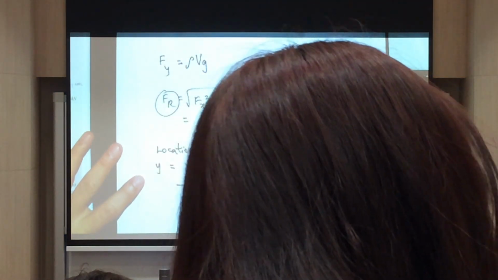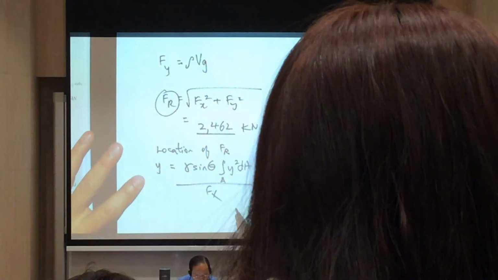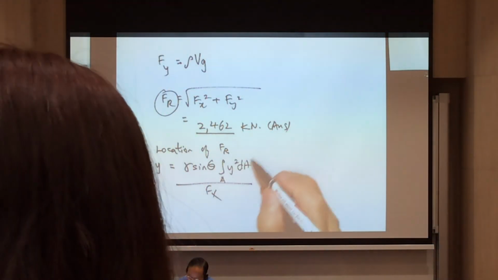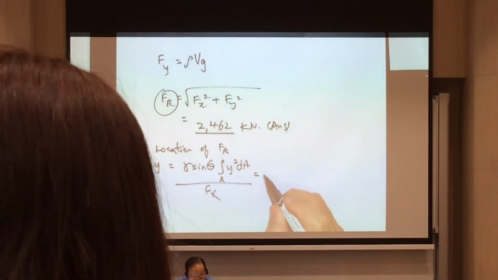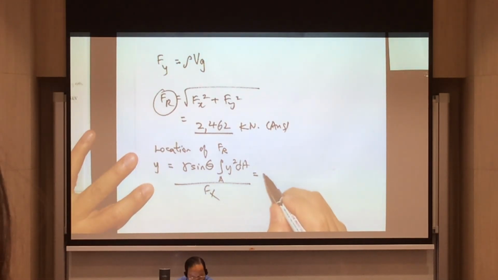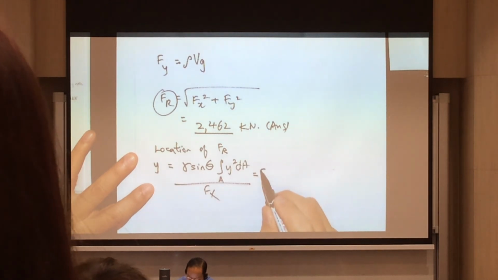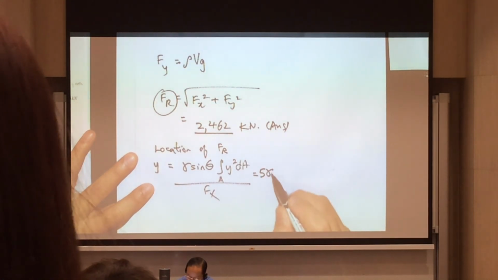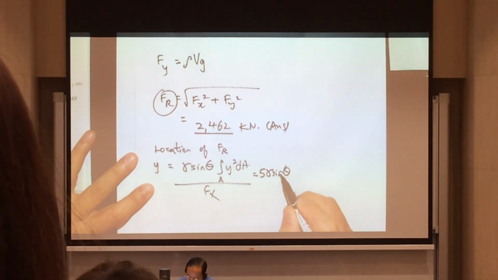So what is the length? The length is 5. Take out the length 5, and it becomes 5 gamma sine theta.